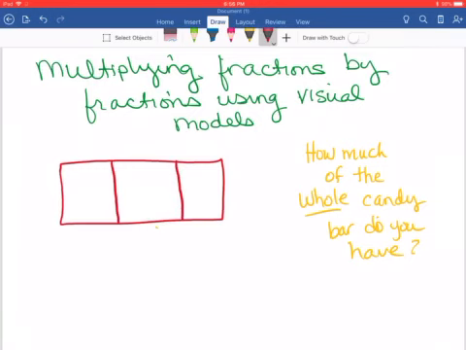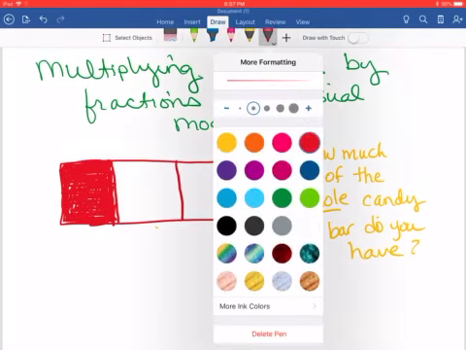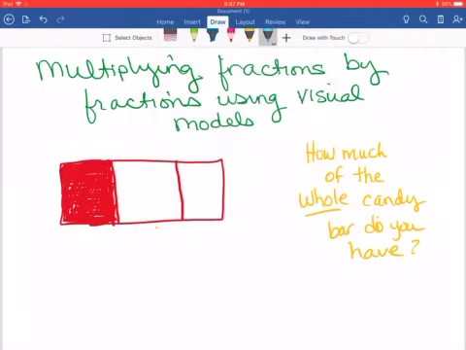And I have got this much right here. I've got a third of it. I don't know what happened to the other 2/3. Who knows? But right now, I am holding a third of it. And you guys come along. And once again, I decide that I'm going to give you half of my third.